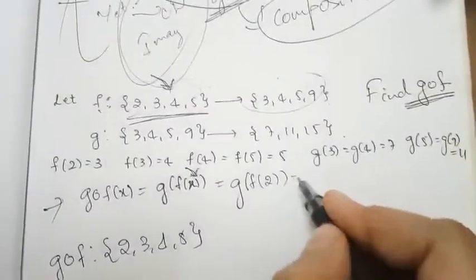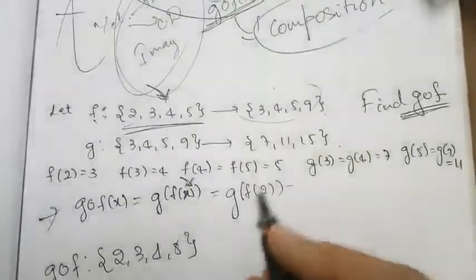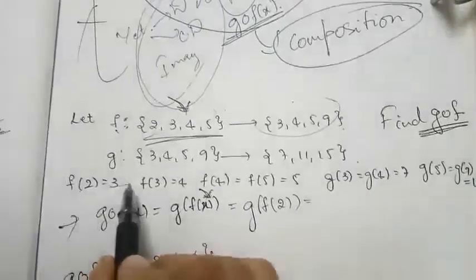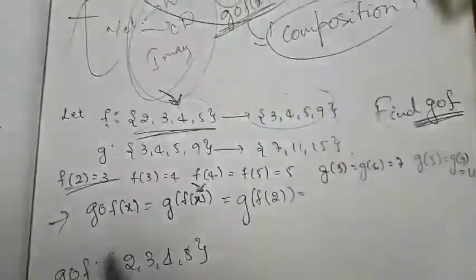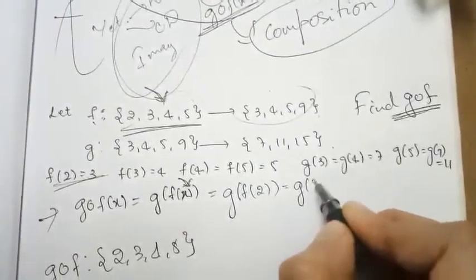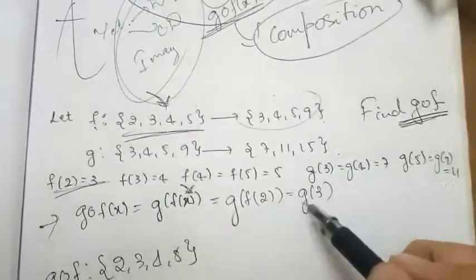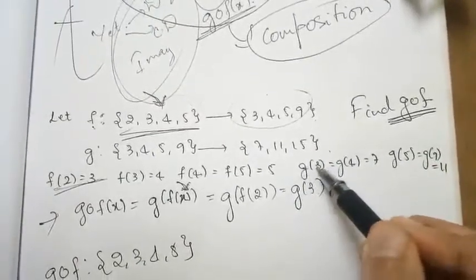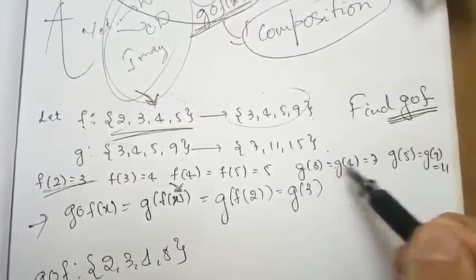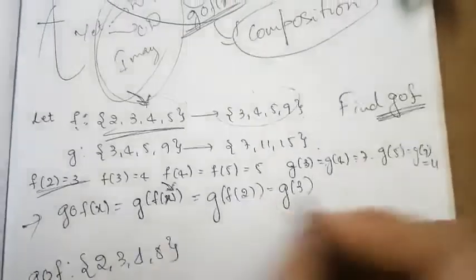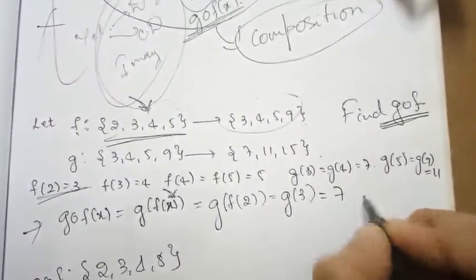Now let us see here. When I say g of f of 2, they have given the function value, that is f of 2 is equal to 3. So it becomes g of 3. They have only given g of 3 is equal to g of 4 is equal to 7. So g of 3 is equal to what? 7.